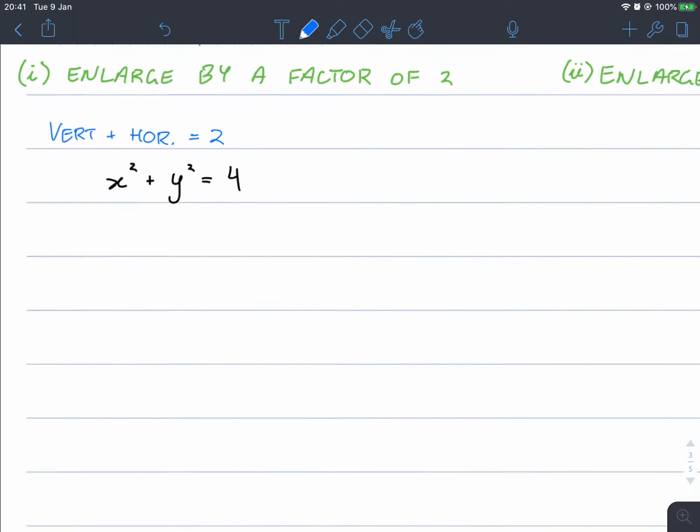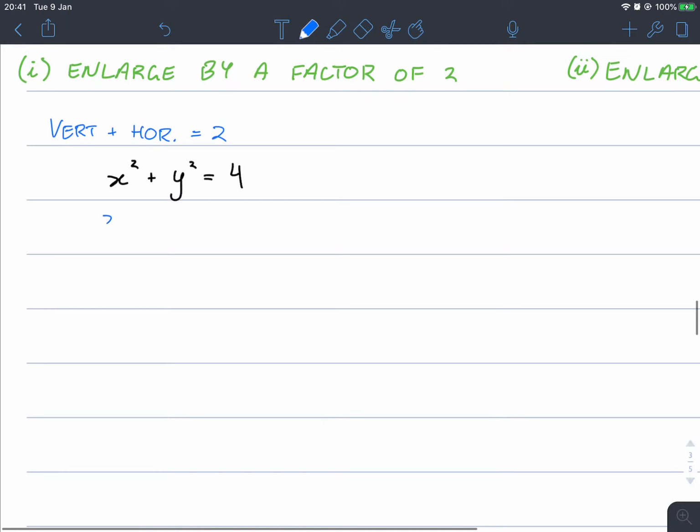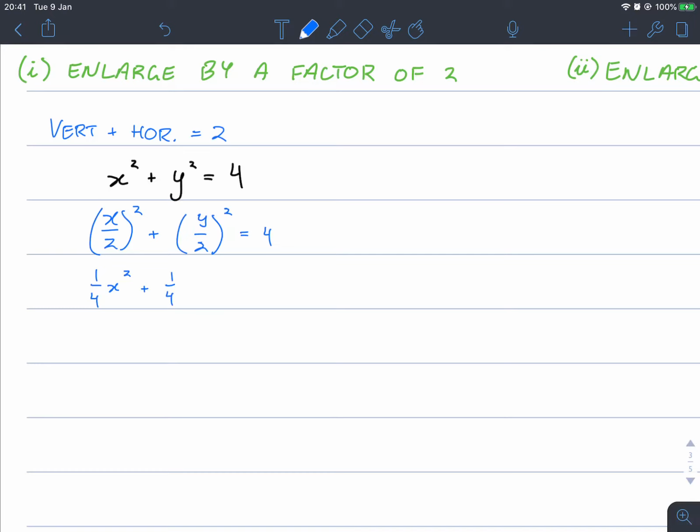And we're going to replace x with x on 2 whole squared plus, we're going to replace y by the same factor, y on 2 whole squared equals 4. Expanding both of these, we get 1/4 x squared plus 1/4 y squared equals 4.